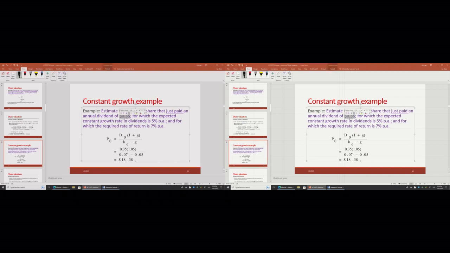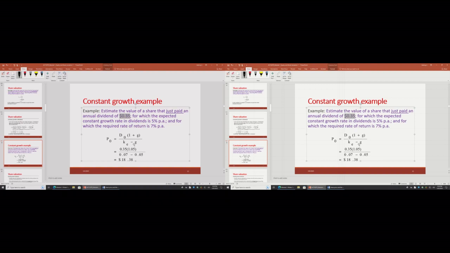Remember, in the numerator, it should be the dividend in the next period. 0.35 is actually the dividend in the past. So you have to use 0.35 multiplied by 1 plus G. This term will be the dividend in the next period, D1. Don't use D0.